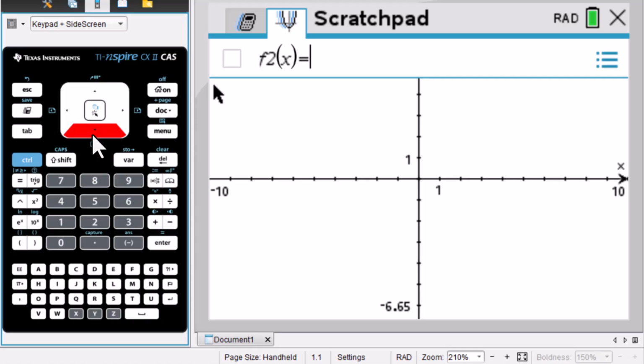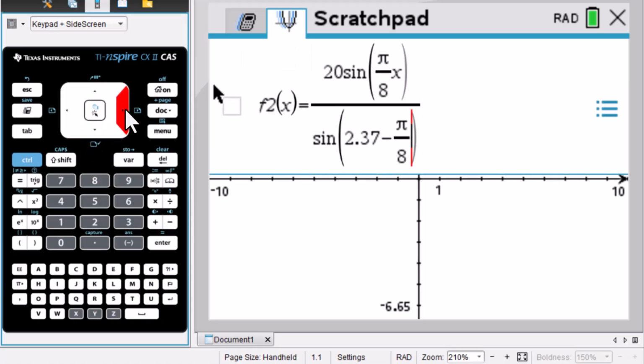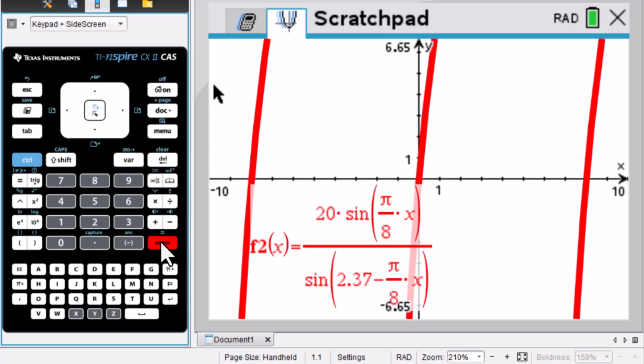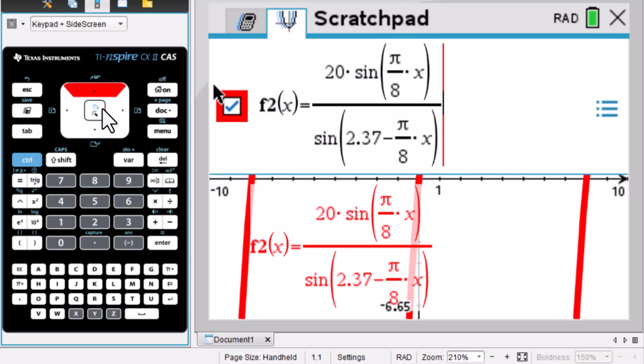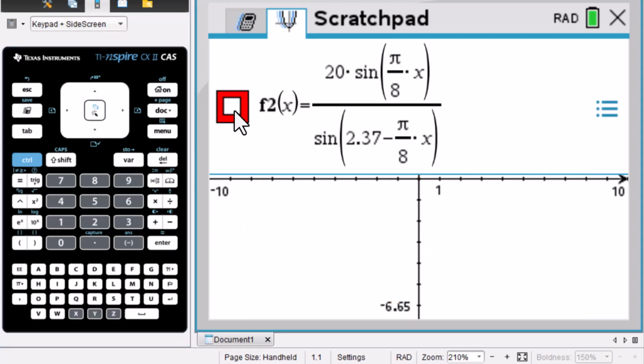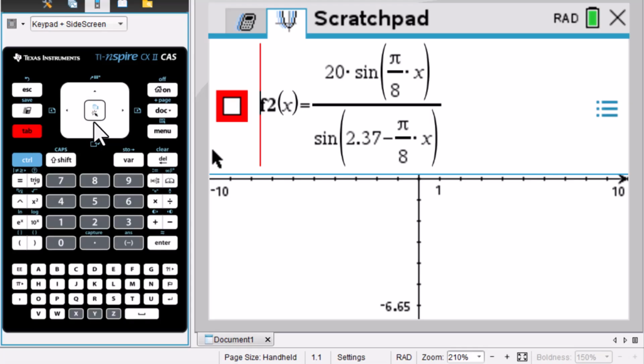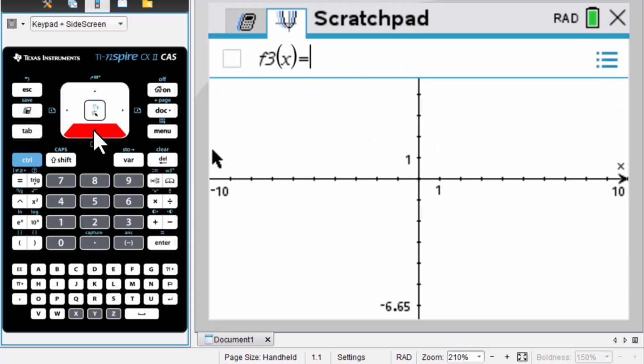Then f2 of x equals x. Enter. Go back to this tab. We don't need to graph this function. Tab again. Let's go to f3 of x.